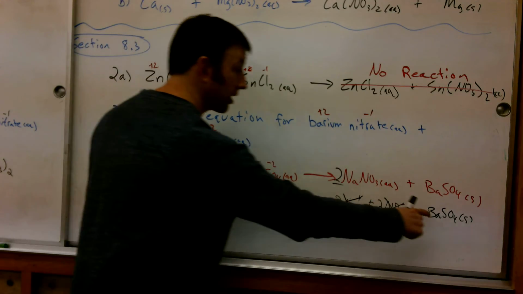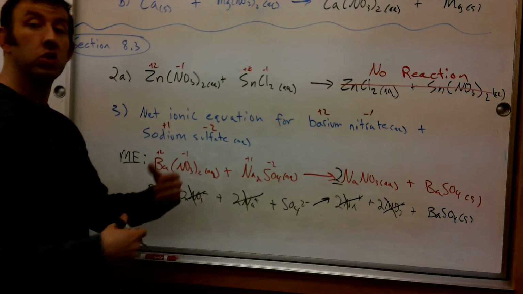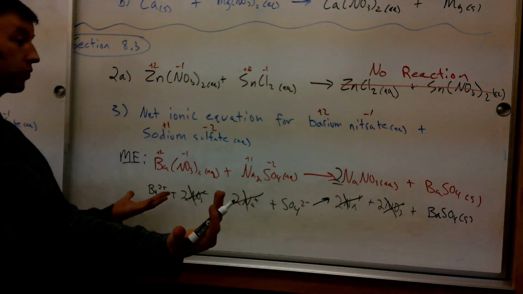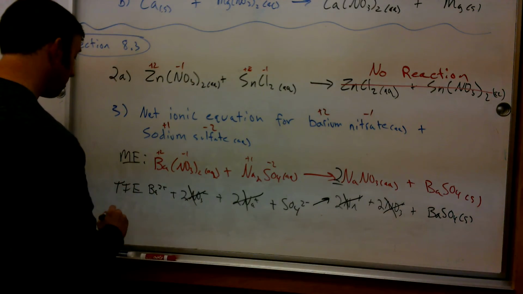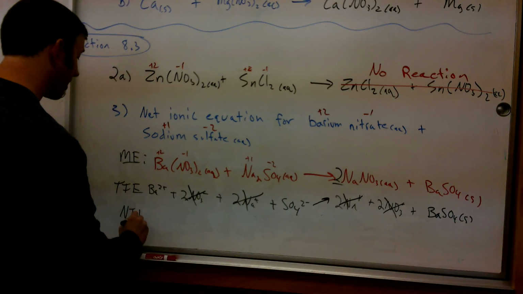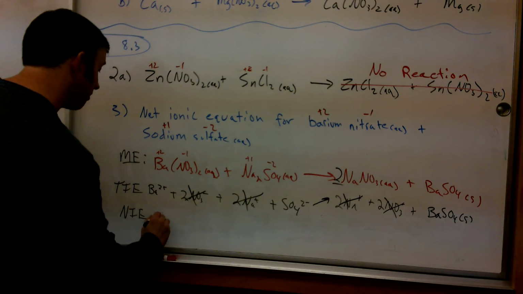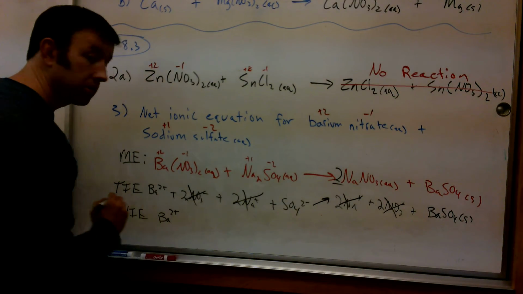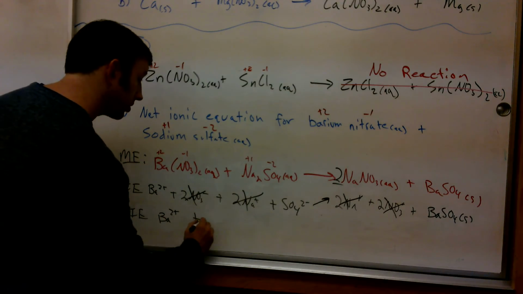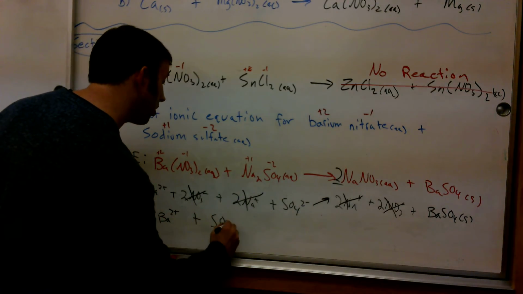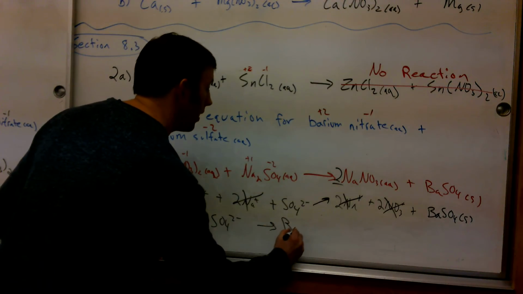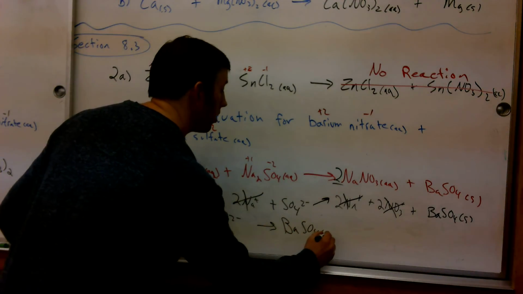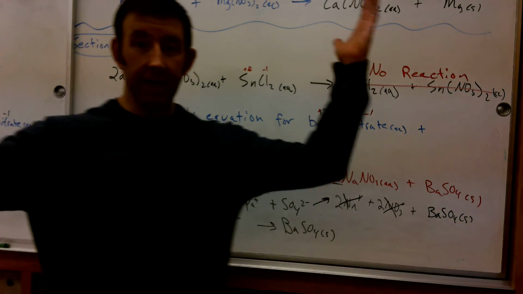SO4 2 minus becomes part of barium sulfate, so we do not cross that out. So what are we left with? This is my total ionic equation. My net ionic equation is going to be Ba 2 plus plus SO4 2 minus yields BaSO4 solid.